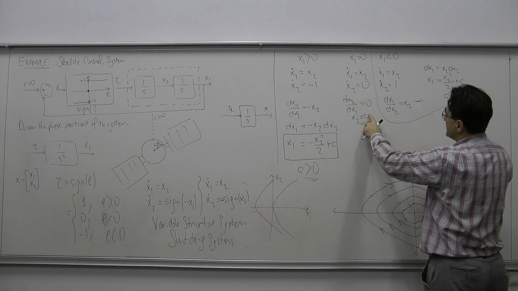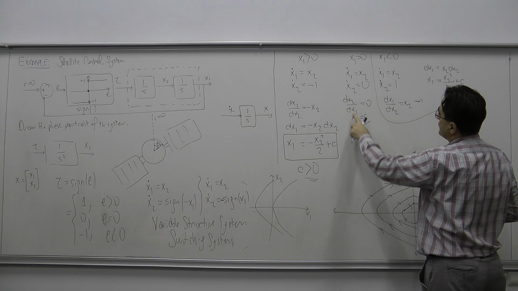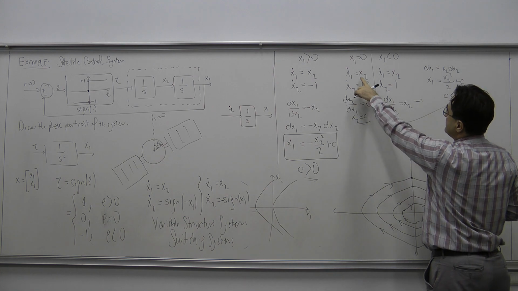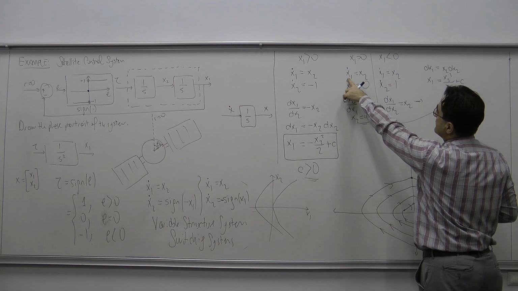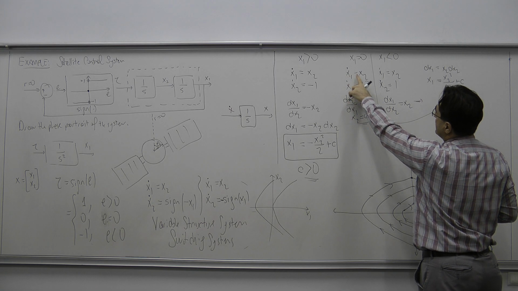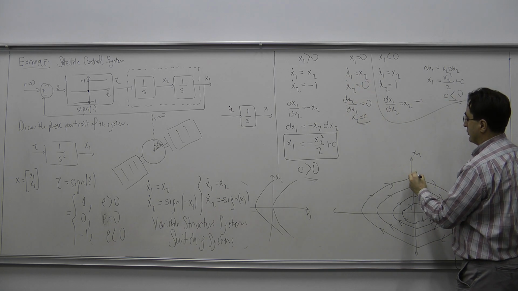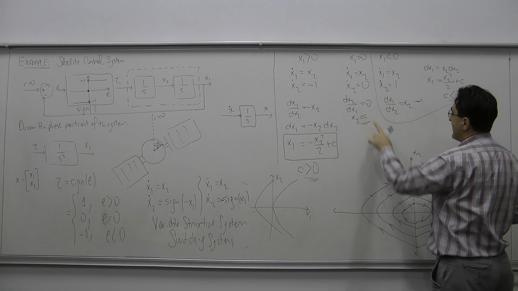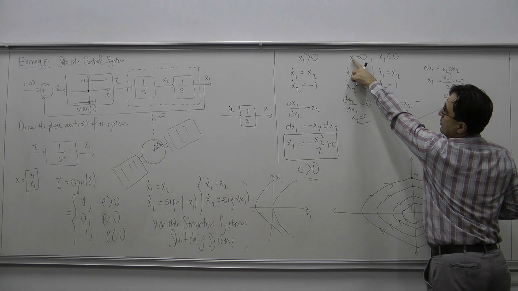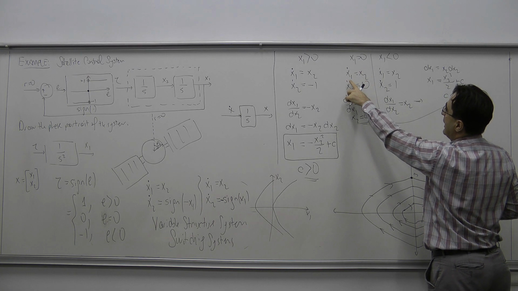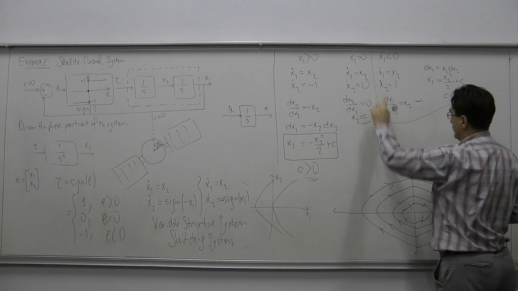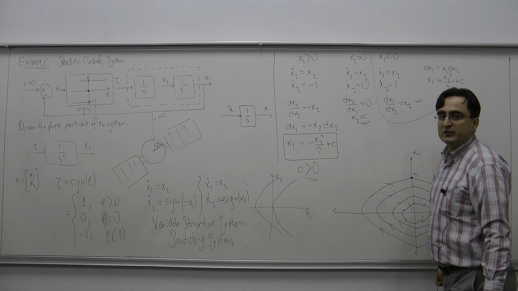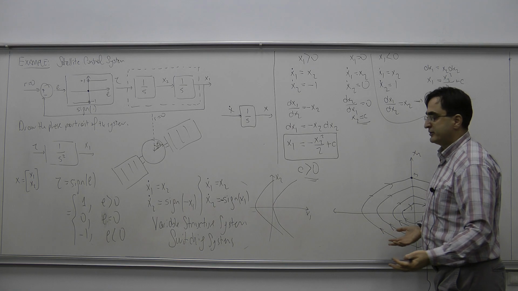Then this dynamics tells me that x2 is going to remain constant at this value, but what is going to happen to x1? x1 dot is going to be equal to x2. So if this value is 3, then x2 is going to remain at 3 as long as x1 is equal to 0, and x1 dot is going to be equal to 3, meaning that x1 is immediately going to increase because x1 dot is positive.